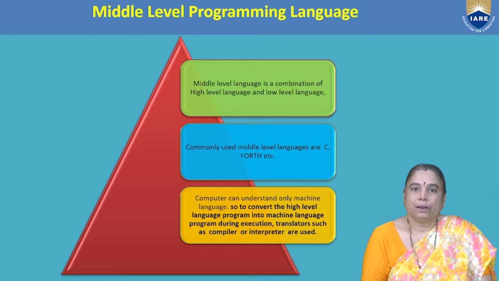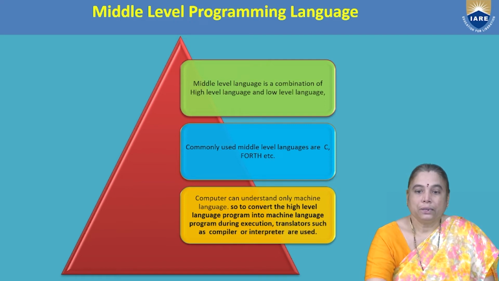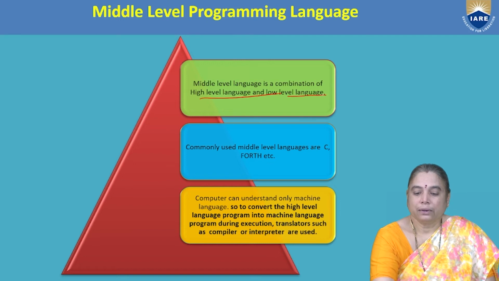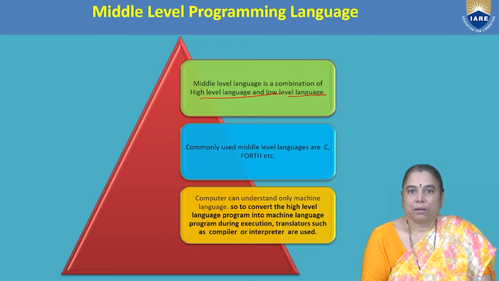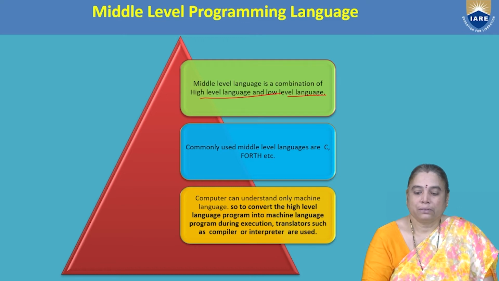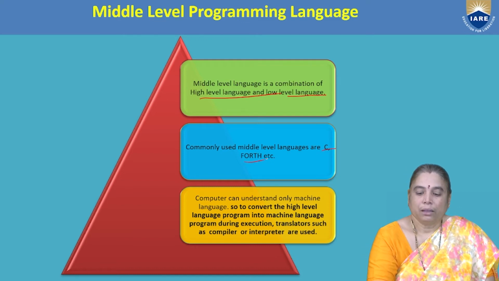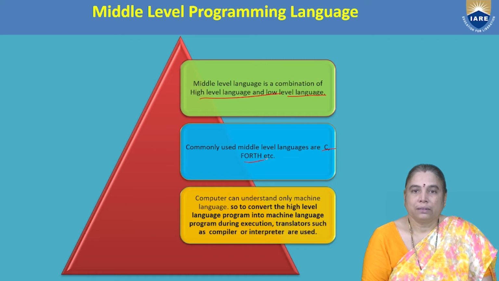Next, the third level of programming language is the middle level programming language. Middle level languages are a combination of high level language and low level language. Examples of middle level languages are C and others; all these languages come under the category of middle level programming languages.